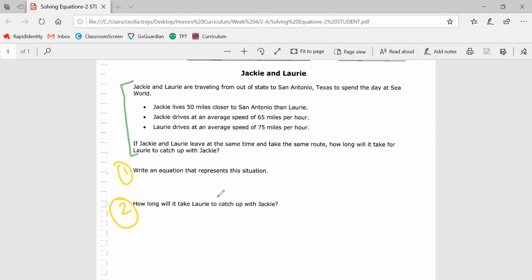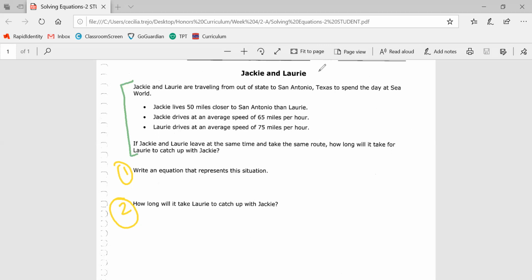Here's our first information: Jackie lives 50 miles closer to San Antonio than Lori. Jackie is driving at an average speed of 65 miles per hour. Lori drives at an average speed of 75 miles per hour. If Jackie and Lori leave at the same time and take the same route, how long will it take for Lori to catch up with Jackie?